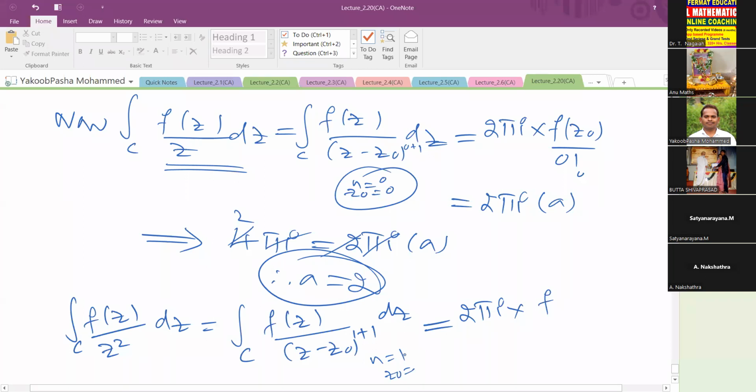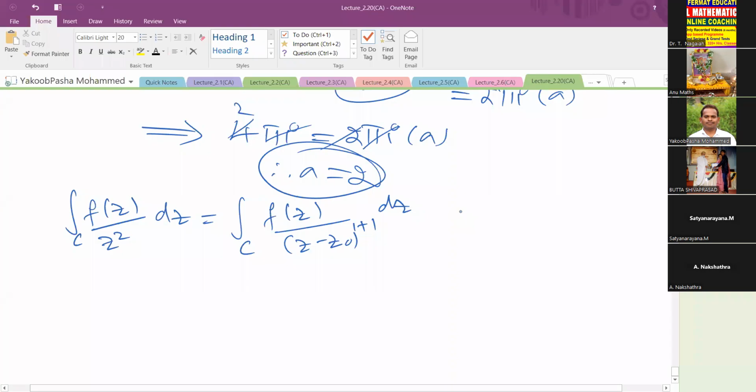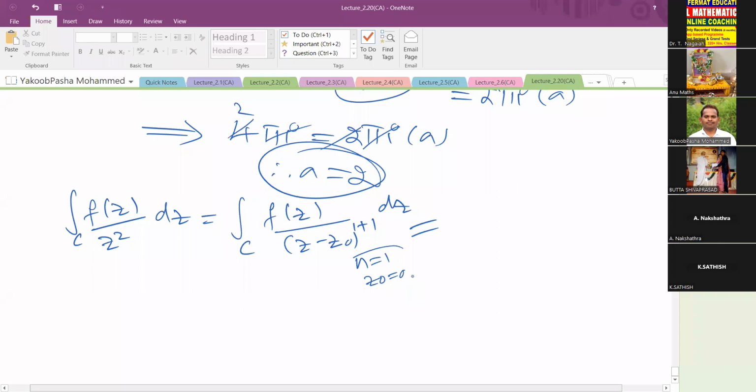So it is 2 pi I f first derivative at Z naught divided by 1 factorial.